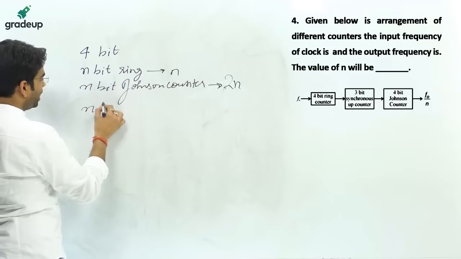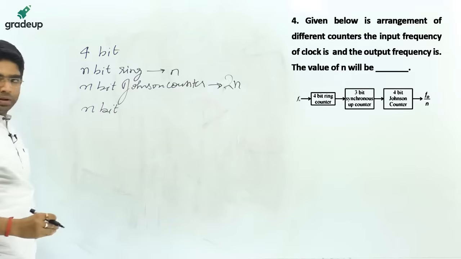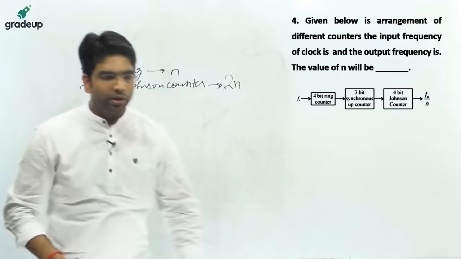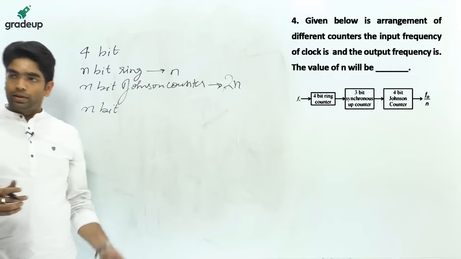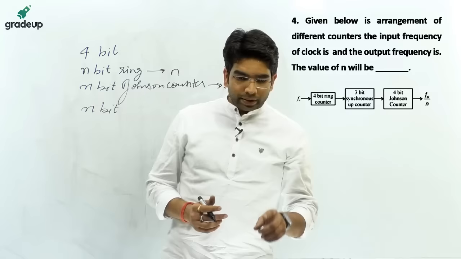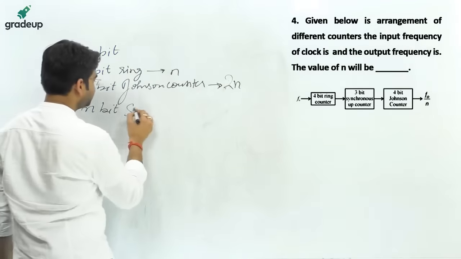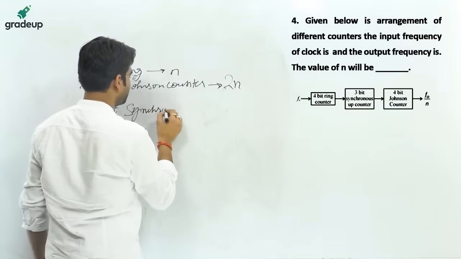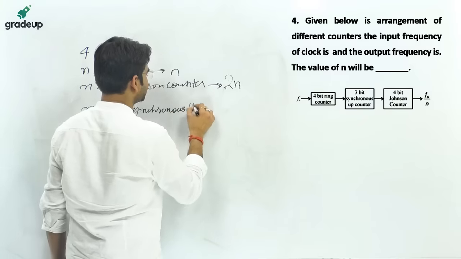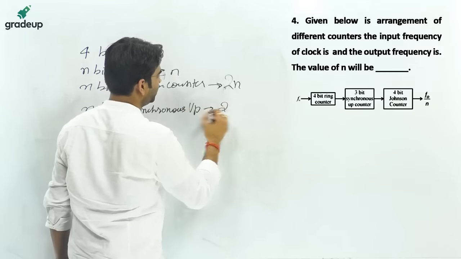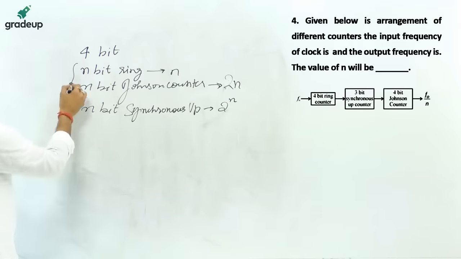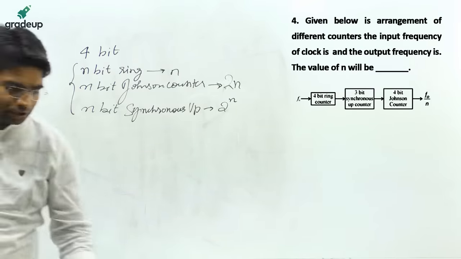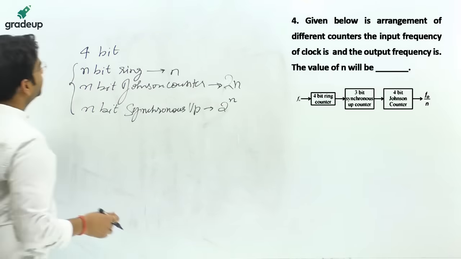Okay, n-bit synchronous up counter, the number of stages will be 2 raised to the power n. This thing you have to keep in mind. Okay, take this concept, this thing you have to take in mind.